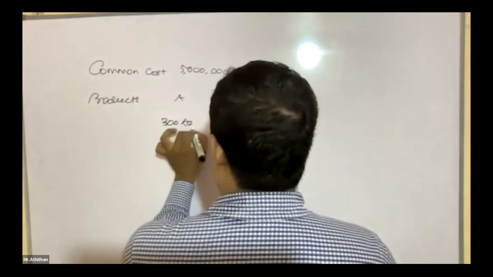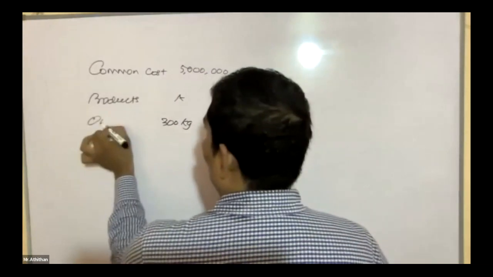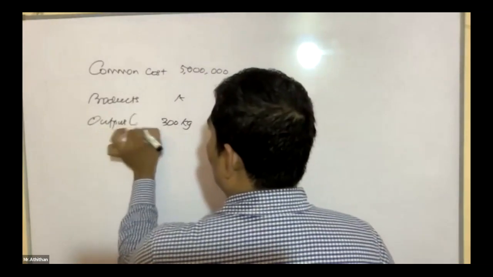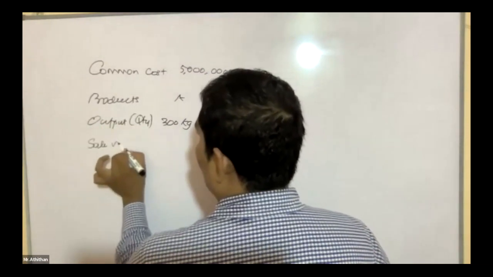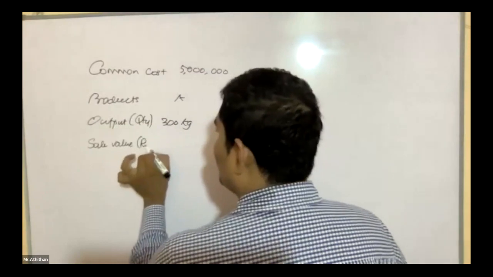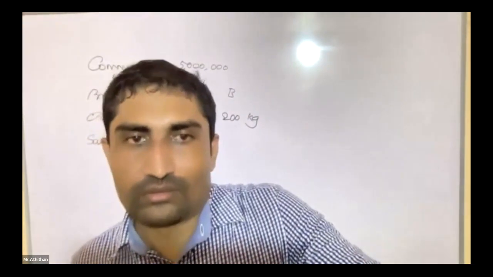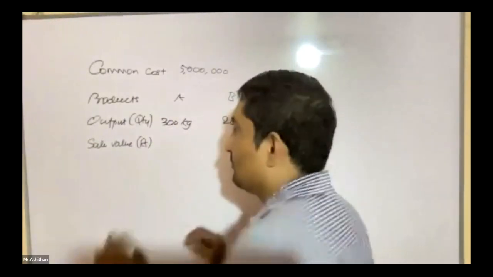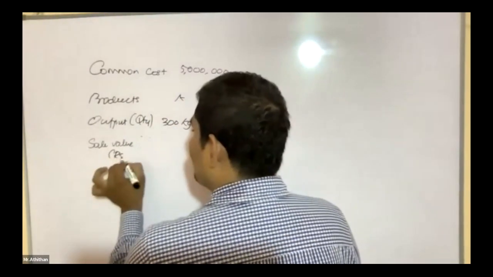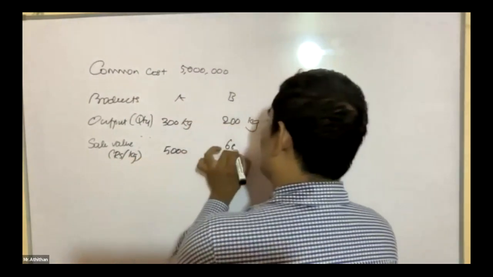Output quantity 300, 200. Sale value in rupees, sale value is 5,000 and 6,000 per kilogram.